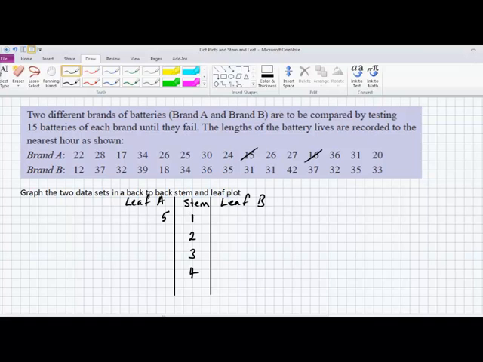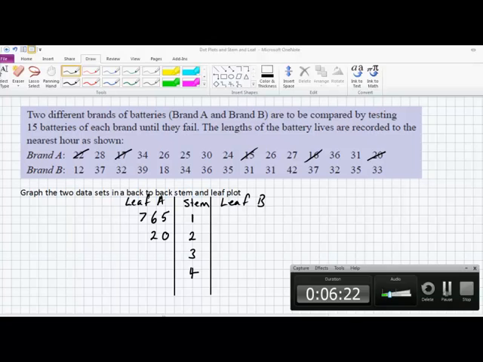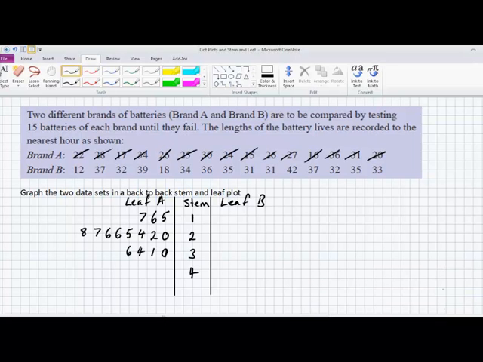So I've got a 5, so I read it as 1, 5, so 15. 16, got 17, then I've got 20, 22. Okay, I'm going to continue along like that for brand A. I'll just pause the recording. Okay, so that's brand A done, all put in order.